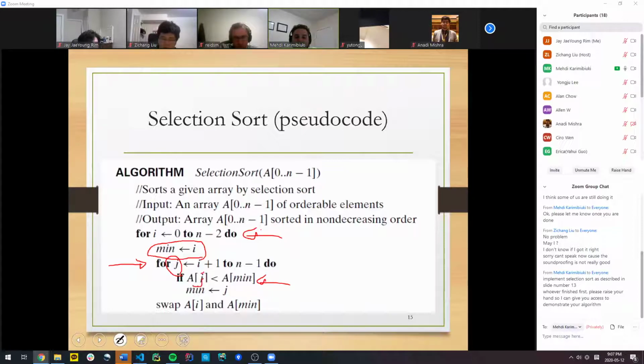So this algorithm is basically playing with the indexes, and then it is going to swap the real numbers at the last line. So it's quite in line with what Zichang was showing, except that for the second for loop, I think here it's playing with the index, right? So what is the complexity here?